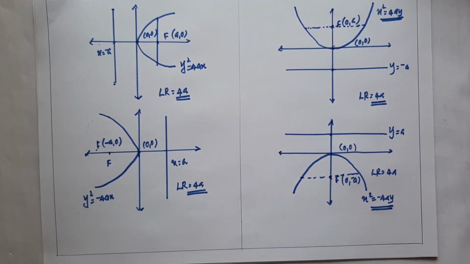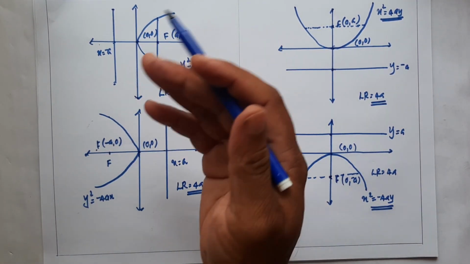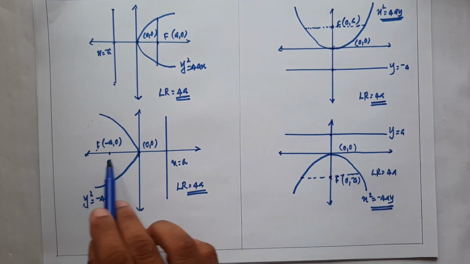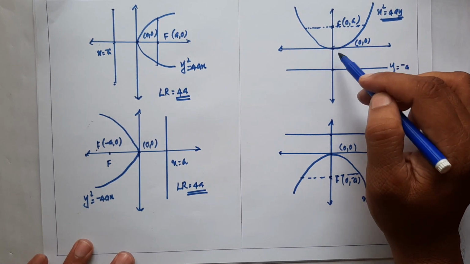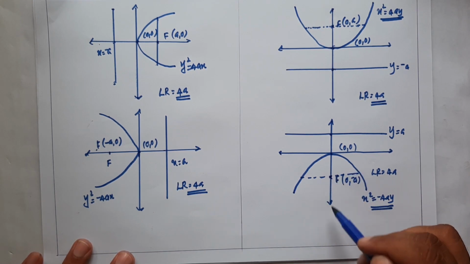These are the main points regarding the topic parabola. Now, about which axis is the parabola symmetric? The first is symmetric about the x-axis, the second is also symmetric about the x-axis. x square equal to 4ay is symmetric about the y-axis, and x square equal to minus 4ay is also symmetric about the y-axis.